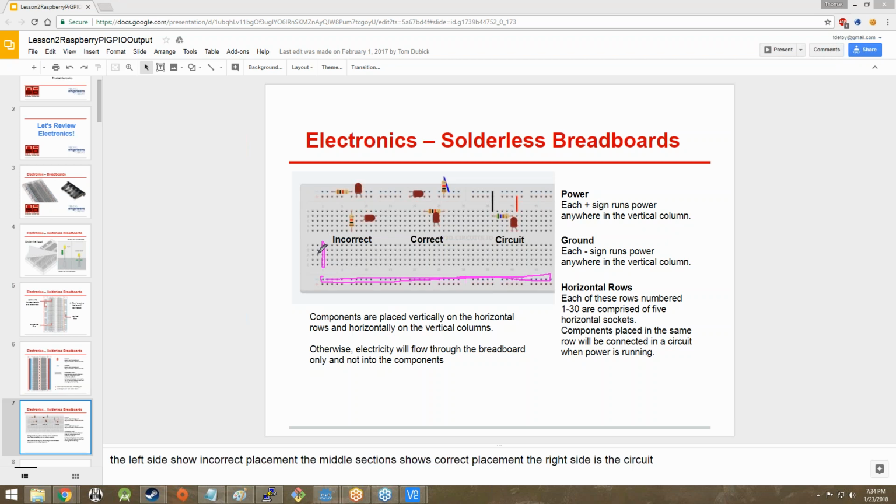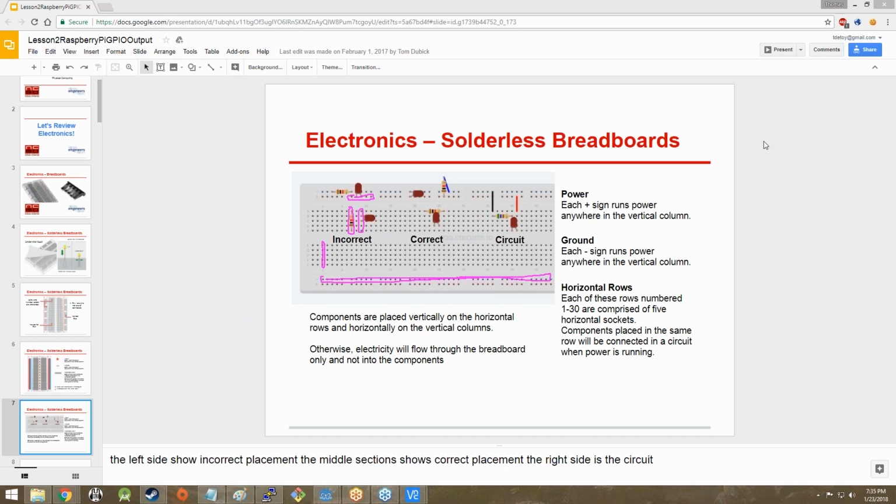A collection of holes that are connected to one another is referred to as a bus. So you might say, hey, it's cool that these are plugged into the same bus, right? But that would be not so great. You wouldn't want both ends of an electrical component to be plugged into the same bus.